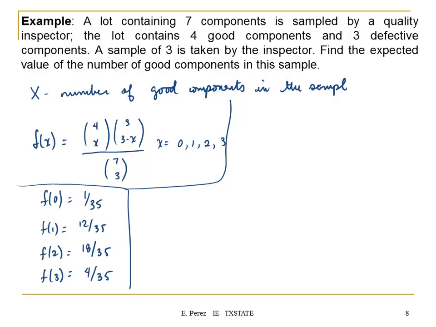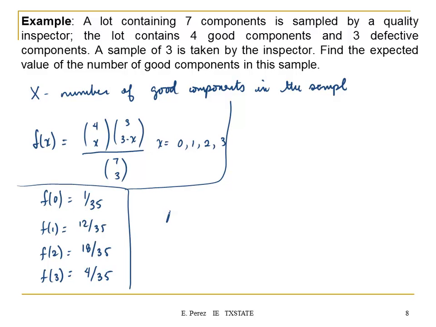Exactly. So now we want to find the expected value. Okay. So the expected value is going to consider all those probabilities and all the outcomes. So mu, is this a continuous or discrete random variable? Discrete, right? So we look at the summation.